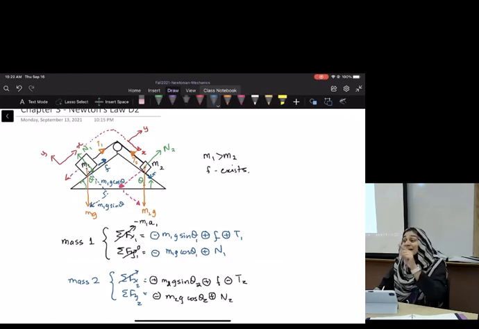Up in negative x. So it will be minus M2A2. Do you see why choosing the coordinate system is so vitally important? Please don't mess that up. Okay, and then the last one will be 0. Done. Now you can worry about putting numbers in, putting algebra in, tensions and all of that stuff, right? Are we good? Do we understand this? Excellent.